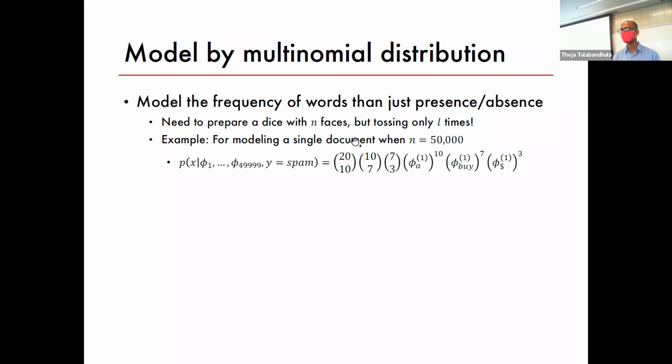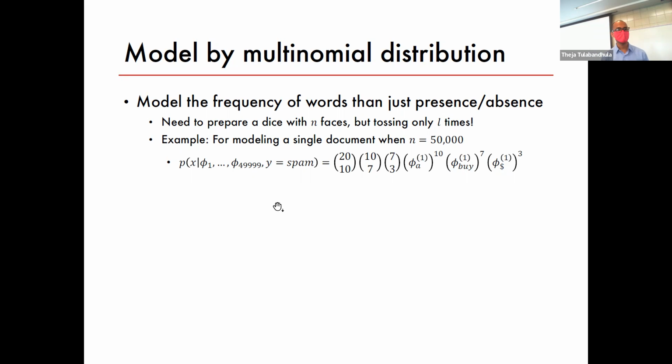If you have a document with 50,000 words, and you observe a particular sequence of words, a particular input, then you need to take into account that the first word appeared 10 times, the second word appeared 7 times, the third word appeared 3 times, and so on, out of the total number of words in your vocabulary.